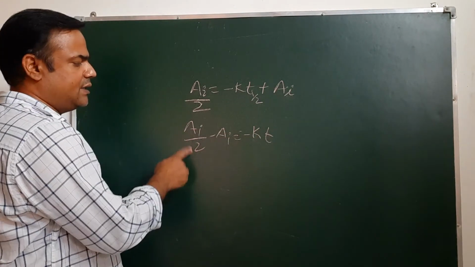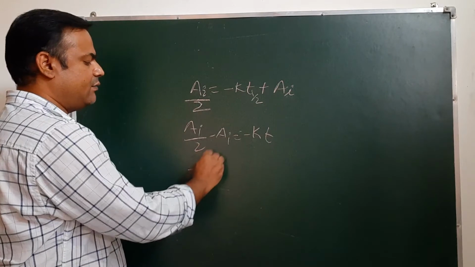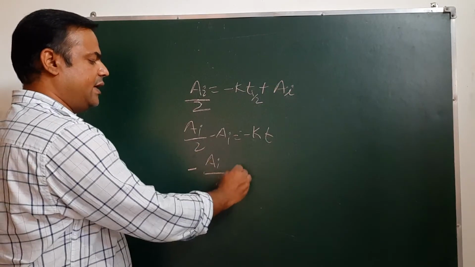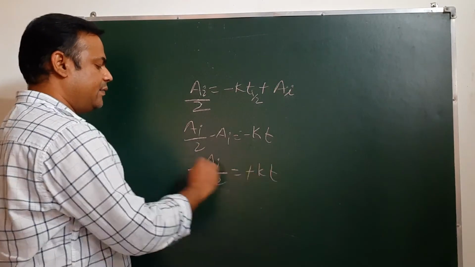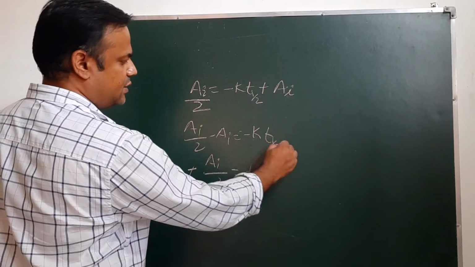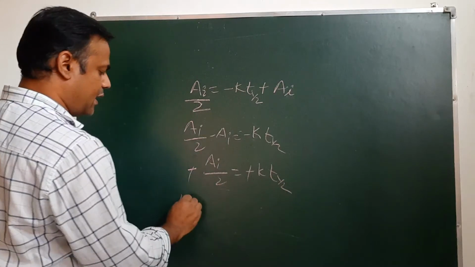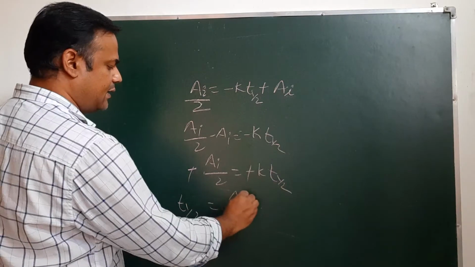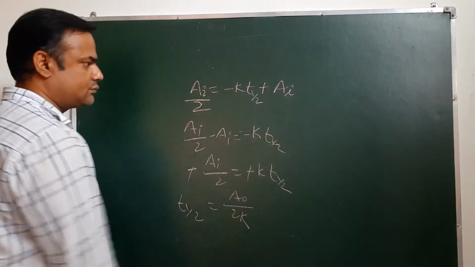Here A initial by 2 minus A initial will be negative of A initial by 2, and on the other side negative KT. This negative will cancel out and become positive, and we can write T half equals A initial by 2K.